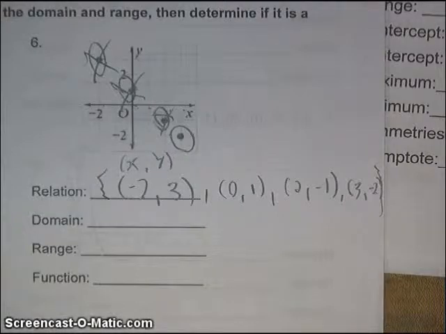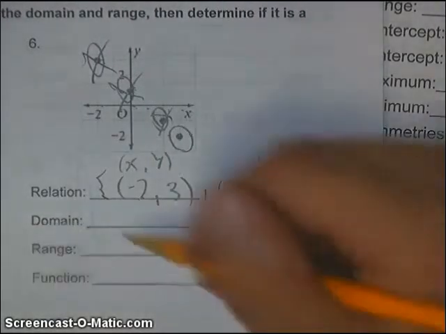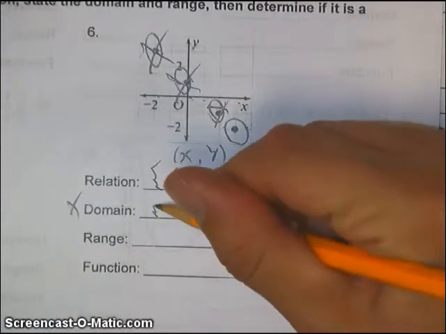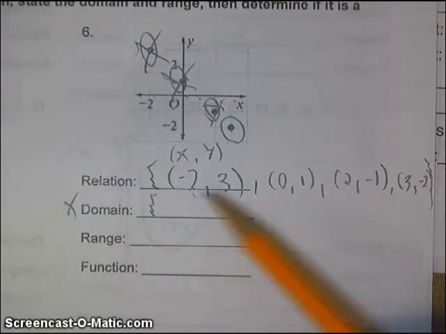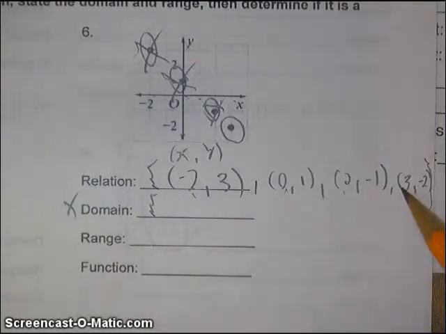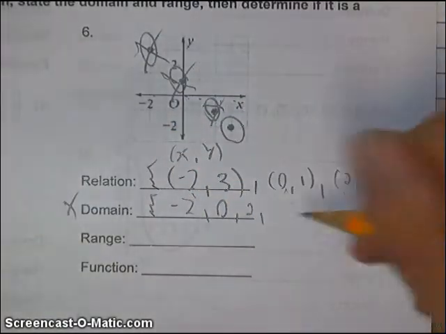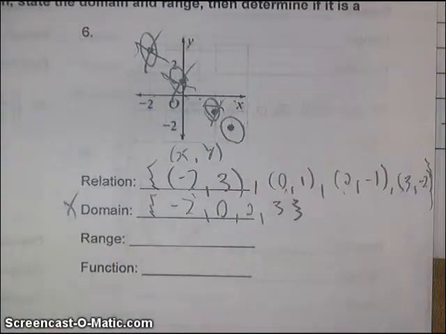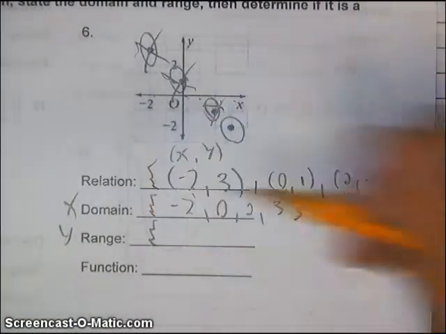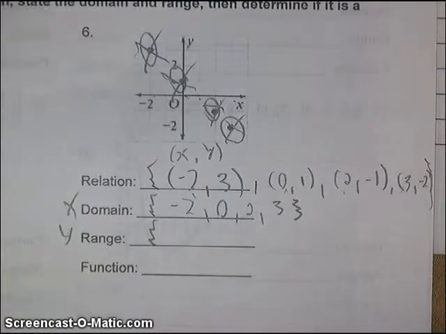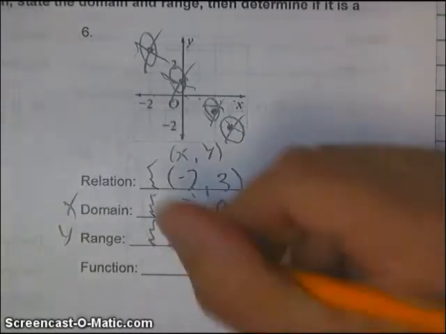Now, again, the domain is just all of the x's. So it would be -2, 0, 2, and 3. There's no repeats there, so you write them all. The range is all of the y's. So that would be 3, 1, -1, and -2.